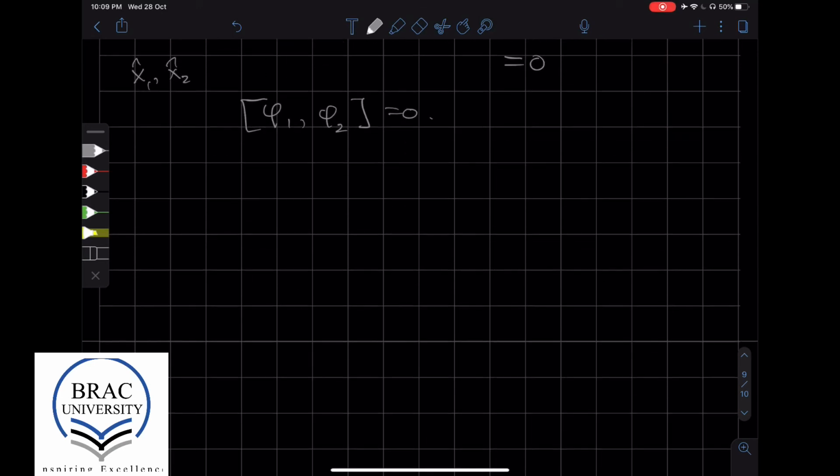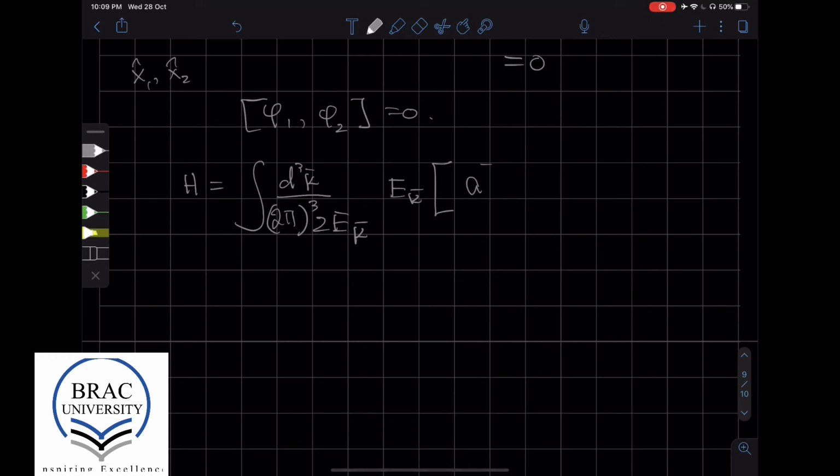So what would be the Hamiltonian of such a theory? It's not very hard to figure out. The Hamiltonian of such a theory will have the usual Lorentz invariant measure times the energy eigenvalue, and then it'll have the number operator associated with the a operators and the number operator associated with the b operators.